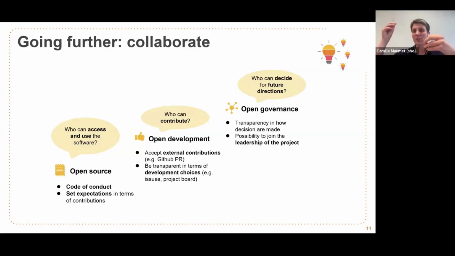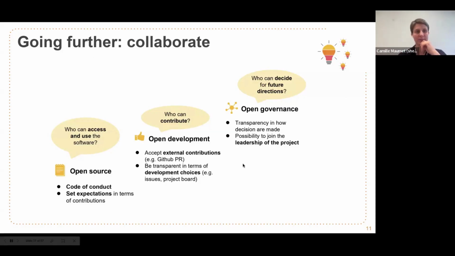Maybe it's someone in leadership who makes the decision, but being transparent about this is already a huge step. And then creating pathways for people to join the leadership is another important one. Of course, again, all of this doesn't have to happen at once.